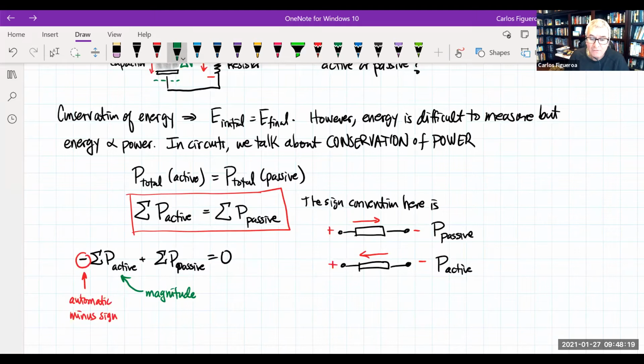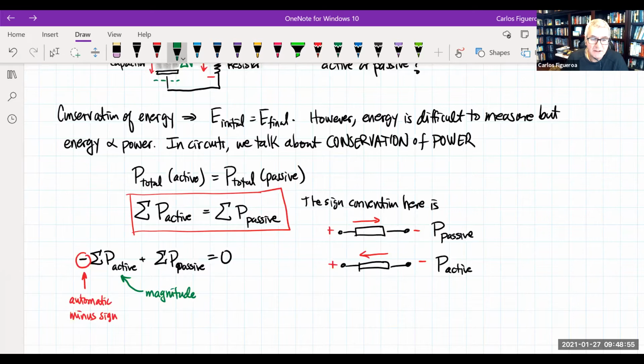So before I move on to some examples, one of the things that I want to say here is that conservation of energy is not the end-all statement for all of physics. Conservation of energy gives you a constraint on what a physical system can do. In order to answer detailed questions using conservation of energy or conservation of power, you typically need more information.